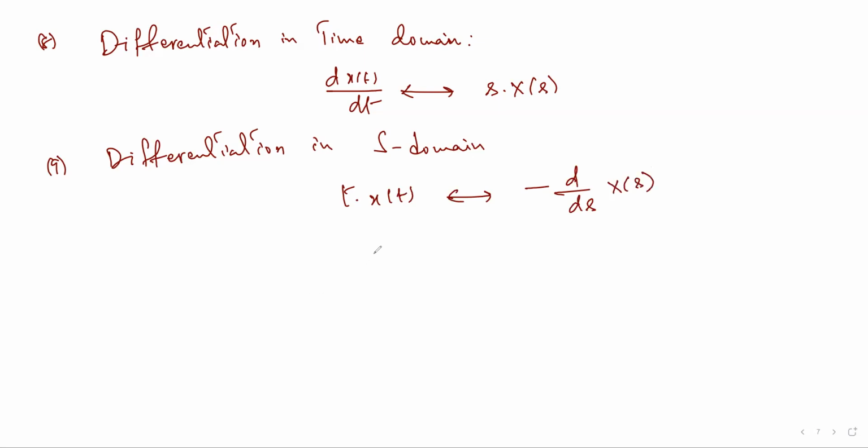Observe this, n into x of n in Z domain, minus Z will come. Here, no minus Z. And differentiation in time domain does not exist in Z domain, because in Z domain we apply discrete time signals. So discrete time signals we cannot differentiate and integrate.